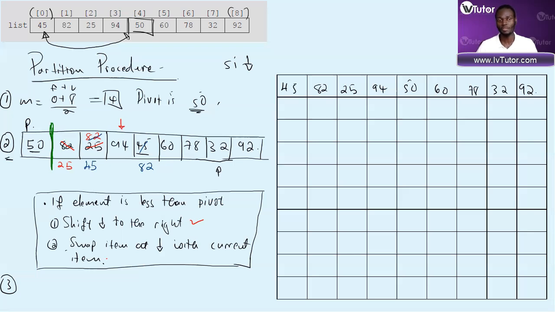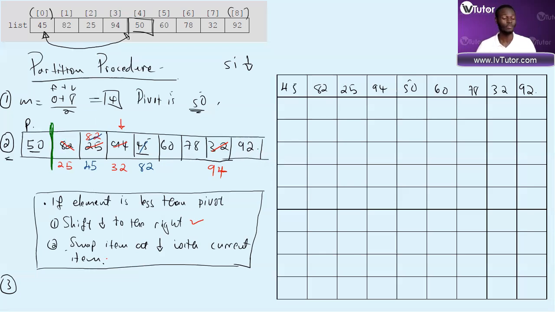We swap 94 with 32, which means cancel that. 32 comes here. And we cancel that 32 there. And 94 comes here. And then we move on. 92. Is 92 less than the pivot? No, it's not. And we are done because we've gone through everything.